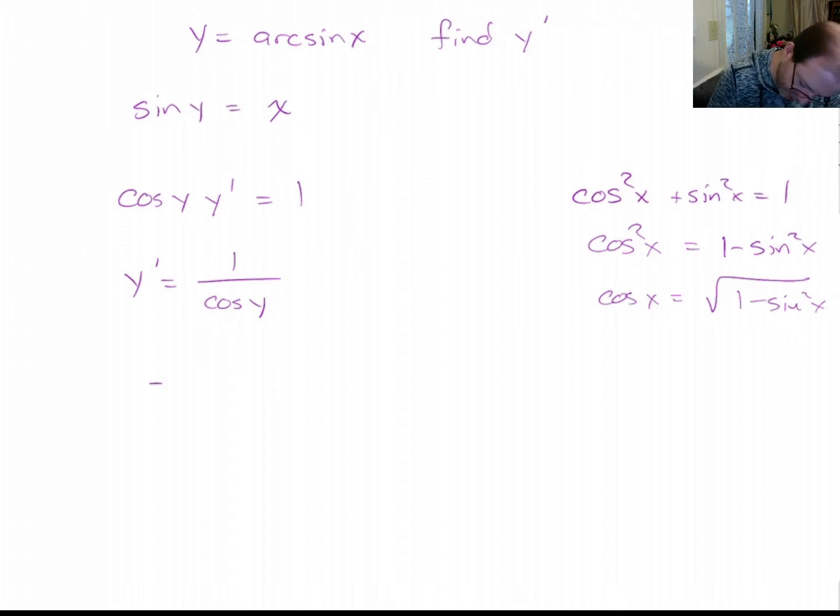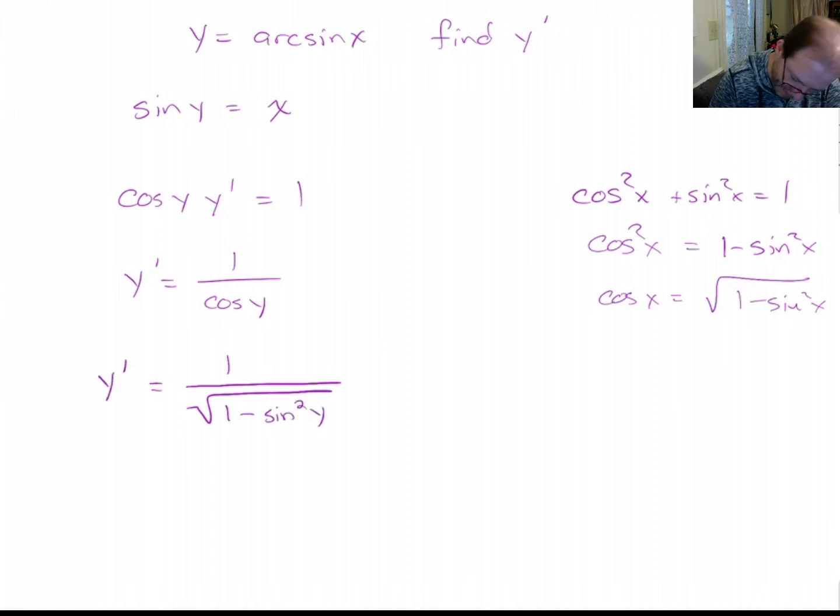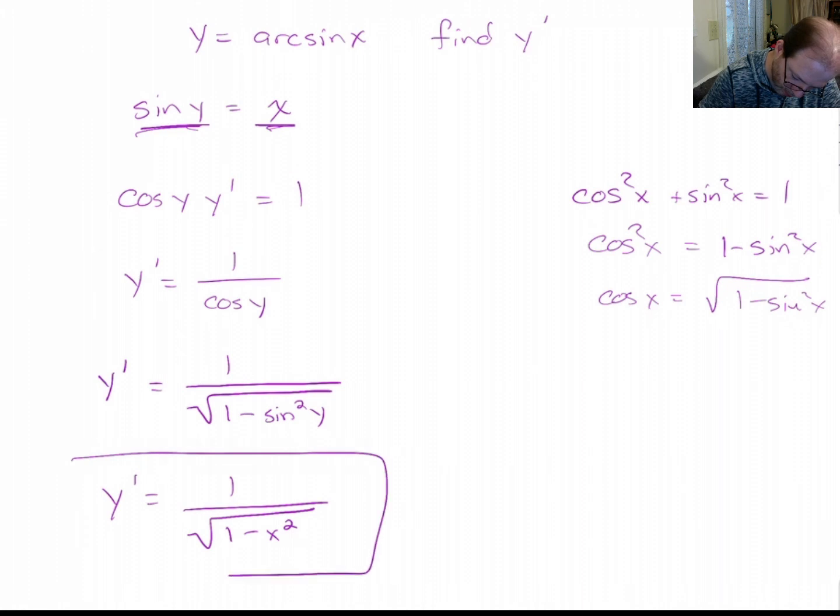So I can rewrite this as 1 over the square root of 1 minus sine squared y. And notice sine of y is equal to x. So we get that, and that matches up with what we had in the table at the top.